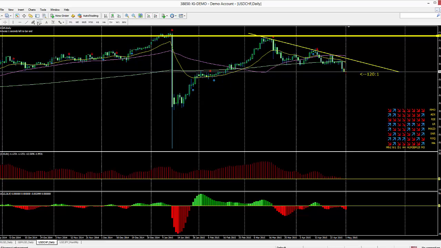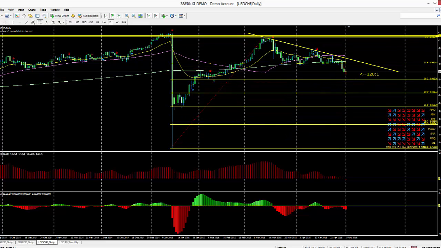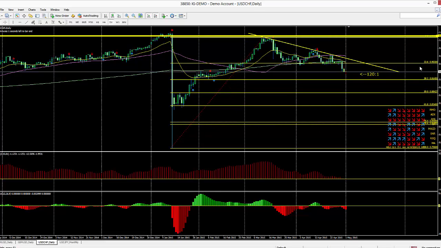And if that was to occur, then we could see price, if I take the lows that we saw in January to the current resistance level higher, you can see we're trading below the 23.6 level. If we do see a continuation of negativity for the US dollar, then the 38.2 here at 0.9145 and change would be a valid target level for May, and vice versa, the 50, the 61.8 and 78.6, which is way down here.